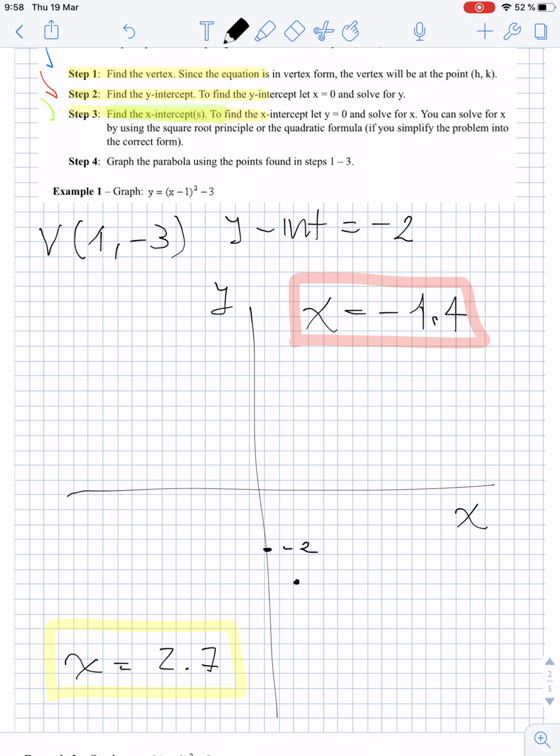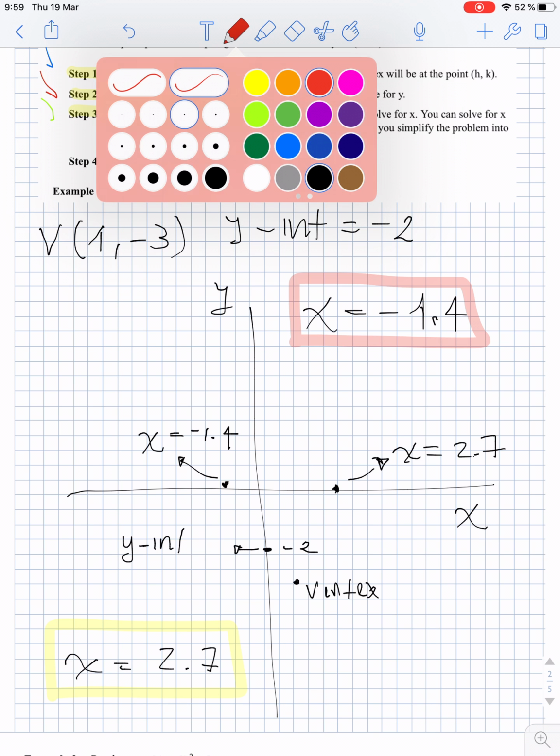I'm going to say this one, vertex, y-intercept, okay? And finally the roots, the first one is this one, that is -1.4, and the second is 2.5. I'm going to say this one is the other root, that is 2.7. We used to call the solution of the x roots, okay?